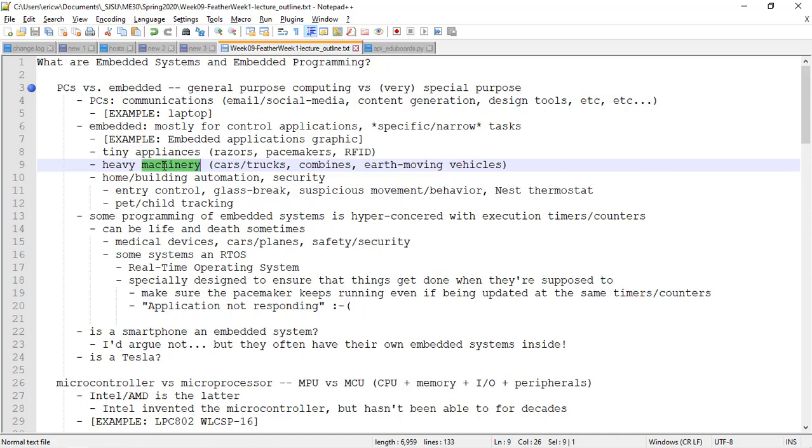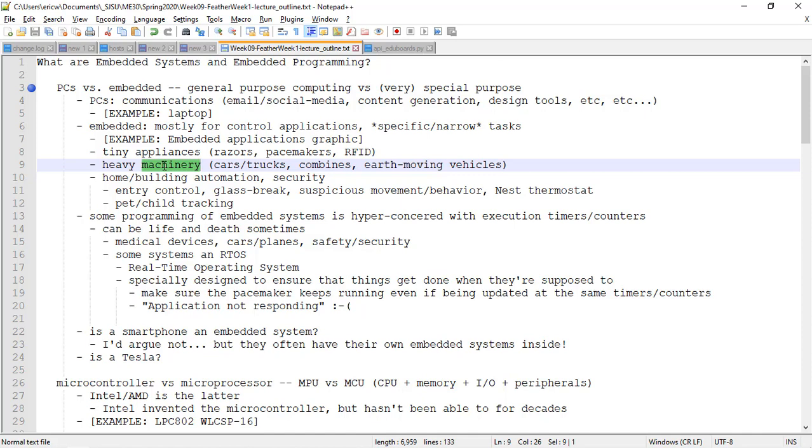So they've got microcontrollers in there that control, if not the functions under some sort of external control, maybe autonomously make decisions about what's going on in their environment and what their goals are and what they need to do. So the range of embedded devices is massive.